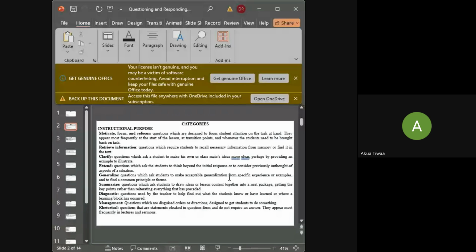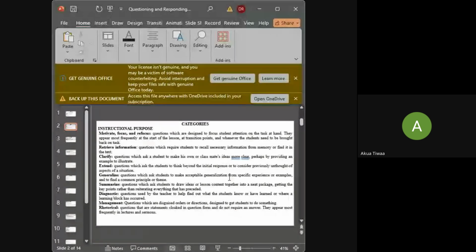These are questions which ask students to draw ideas or lesson content together into a neat package, getting the key points rather than reiterating everything that has preceded. And then we also have diagnostic questions, used by the teacher to help find out what students know or have learned, or where a learning block has occurred.